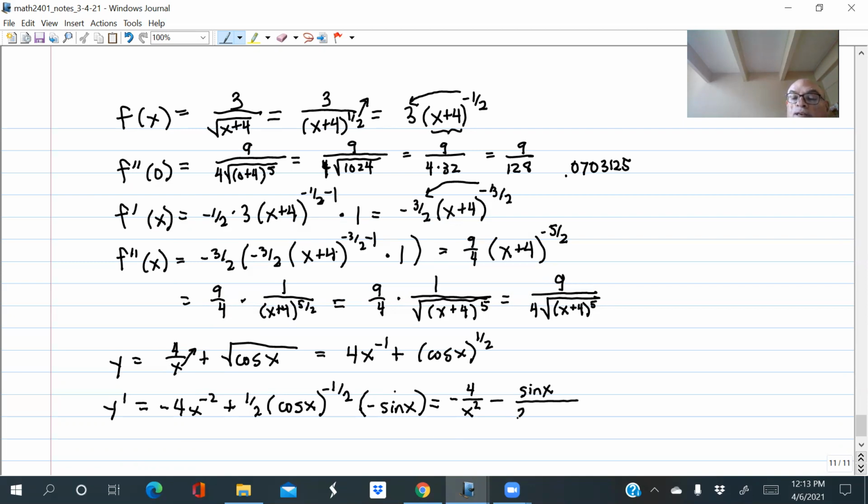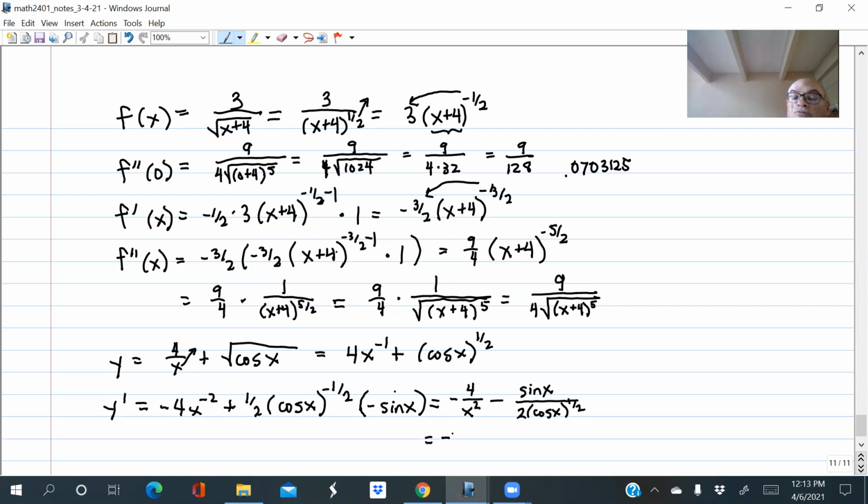So I have cosine of x to the positive 1/2 power.